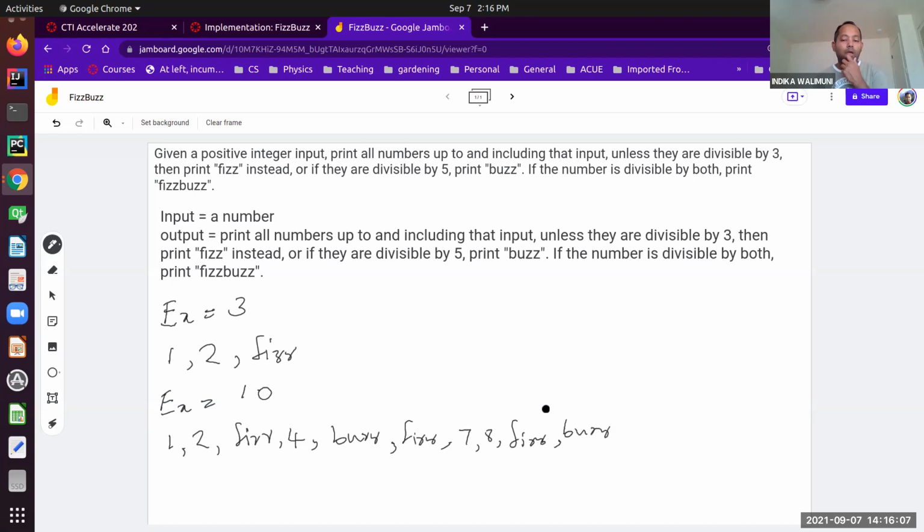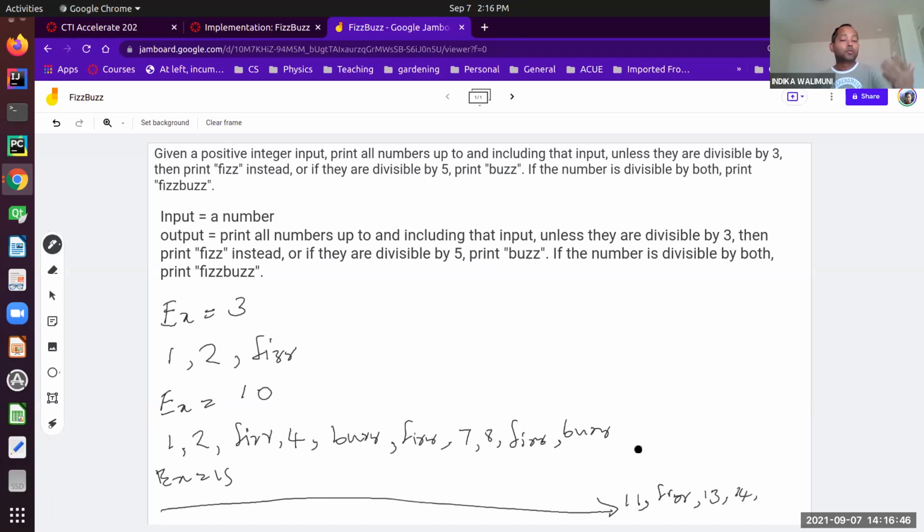All right. And then if we take the input 15, we have all of these, right? And then we have 11, 12 divisible by 3, so fizz, 13, 14, and then it's 15.